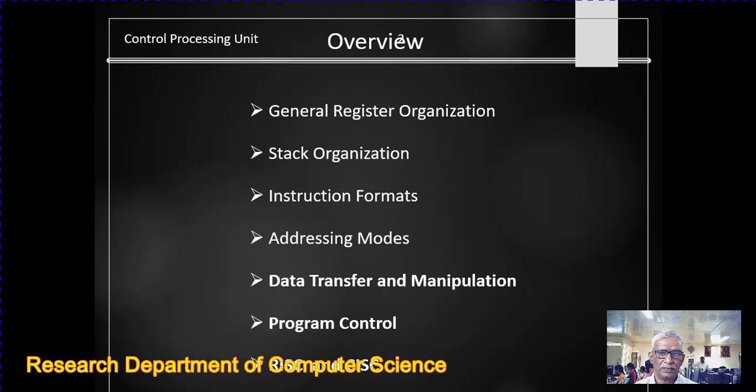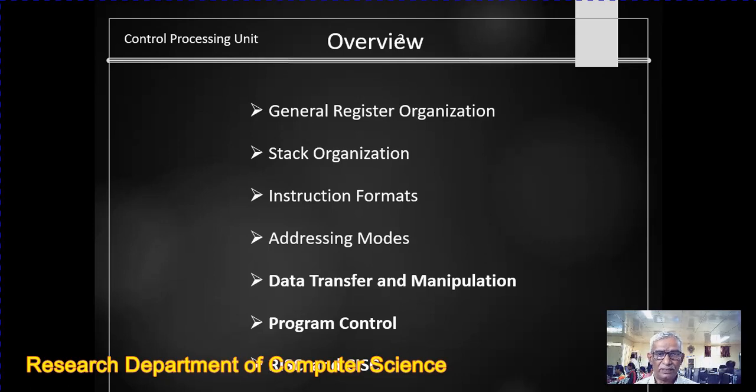A register is nothing but a storage device. It is in a memory location, in a buffer location. The information is stored temporarily in the central processing unit. So a number of general registers and organizations are available. There are 8 types of general register organizations.